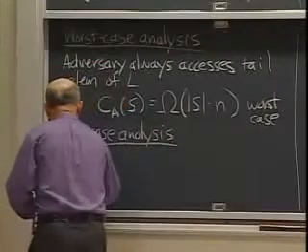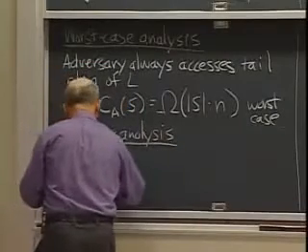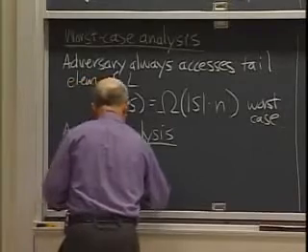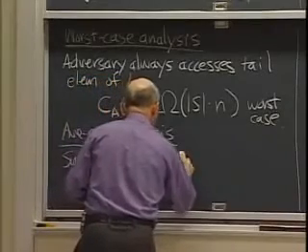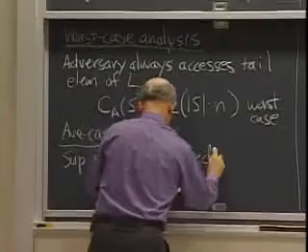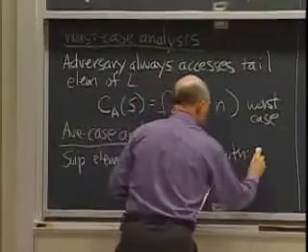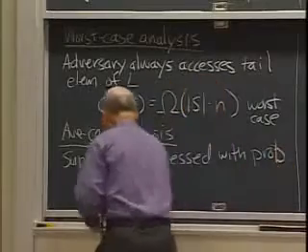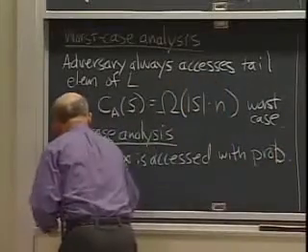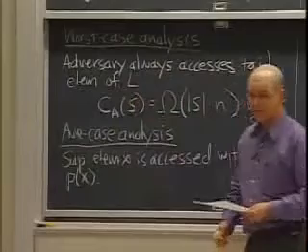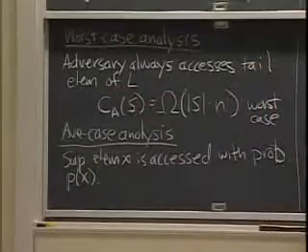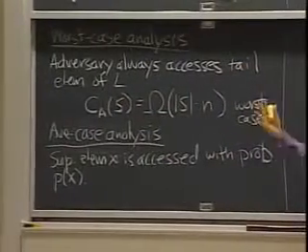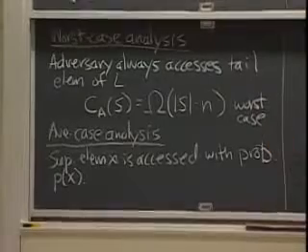Let's suppose that element x is accessed with probability p of x. Suppose that we have some a priori distribution on the elements.